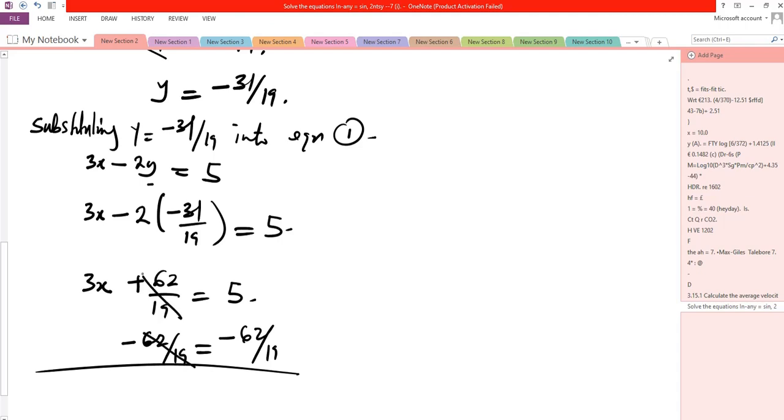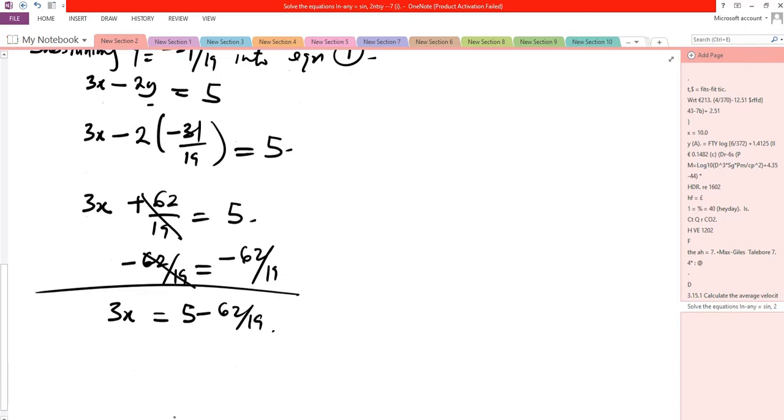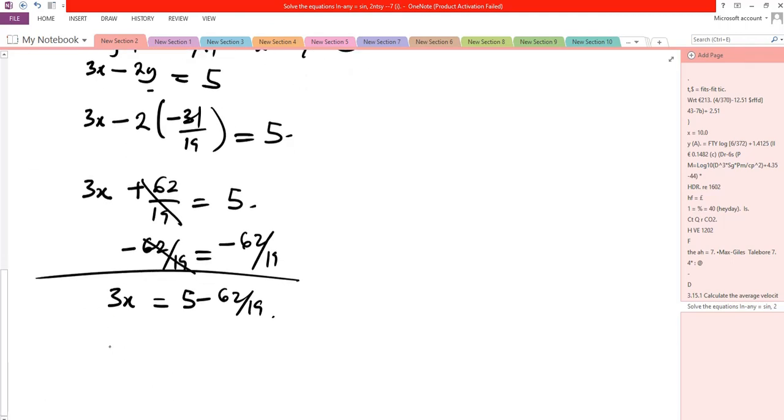This one will cancel out. You are left with 3x here. Here will now be 5 minus 62 all over 19. Now 3x will be equal to 5 times 19 minus 62 all over 19.